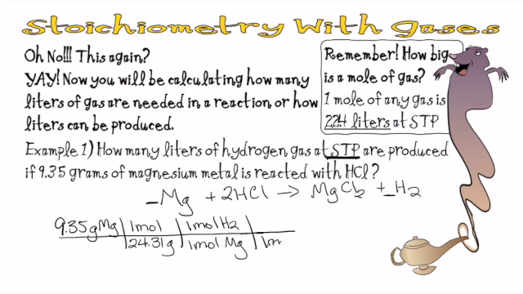So 1 mole of hydrogen is 22.4 liters of hydrogen. So remember that we multiply everything that's at the top and then divide by each thing that's at the bottom. So when you solve, you get 8.62 liters of hydrogen.